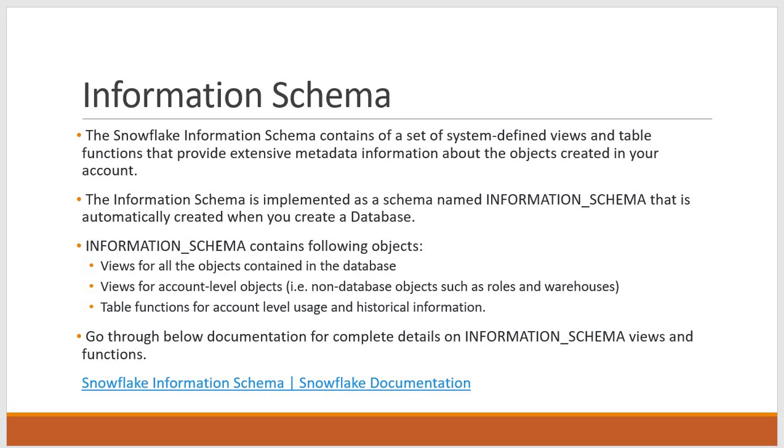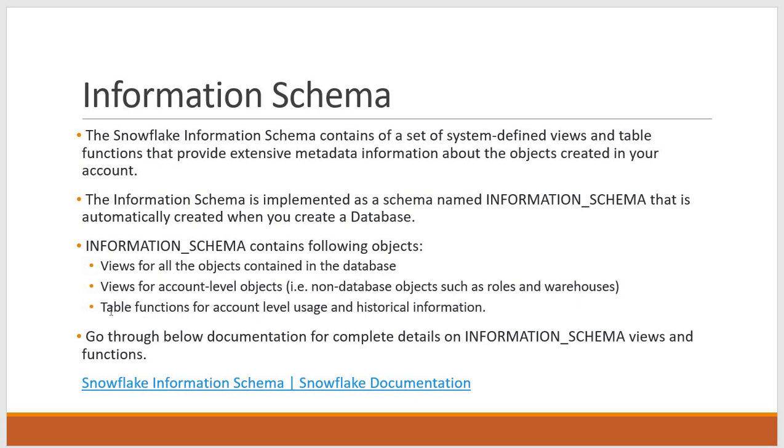So information schema contains the following objects. It contains a set of views for all the objects contained in the database. Also, it contains views for account level objects, non-database objects such as roles and warehouses. So not only the objects we have created like tables, databases, schemas, streams, pipes, it also contains some views that give information about roles and warehouses.